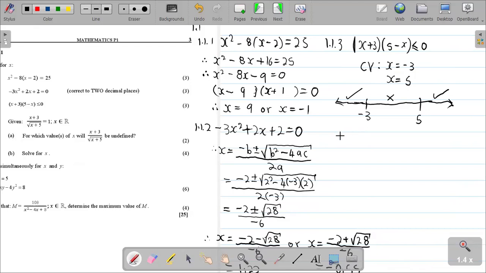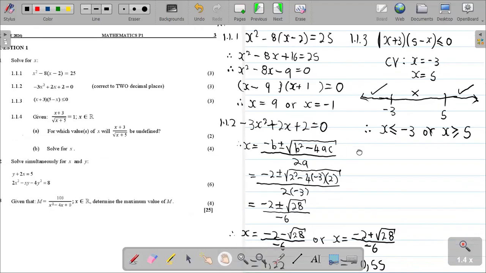So it means therefore, x is less than or equal to -3, or x is greater than or equal to 5. So it's going to be like that. See? So this is 1.1.3. Okay. So these are the two solutions here.